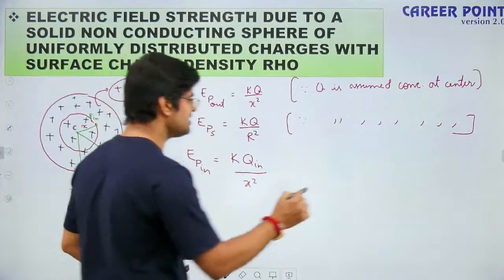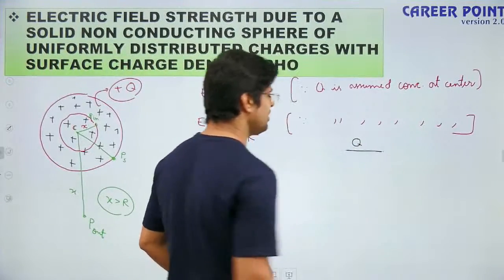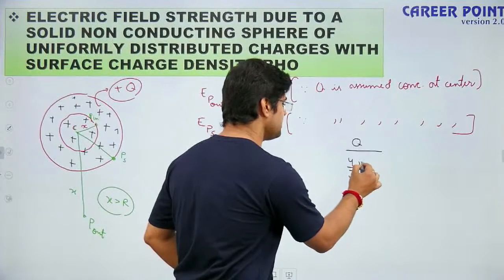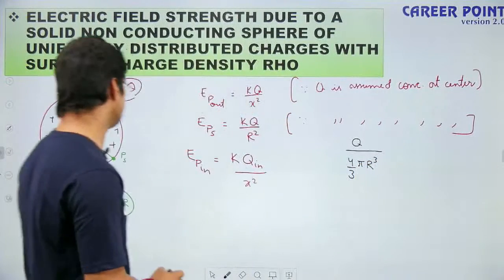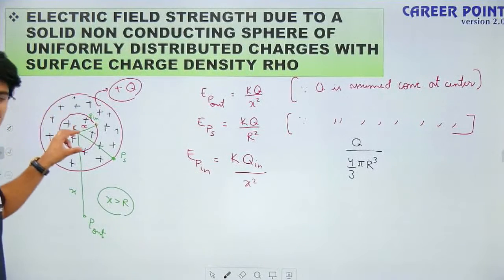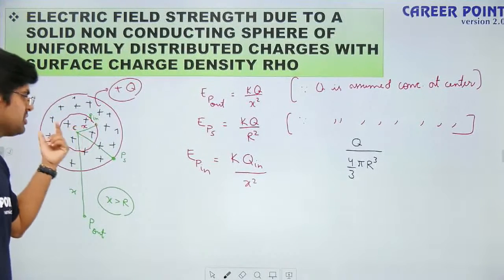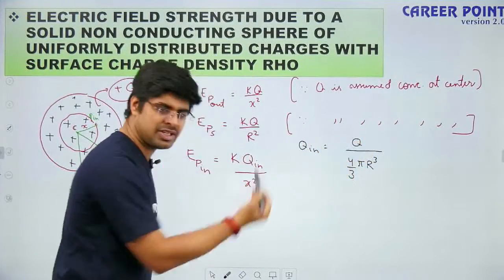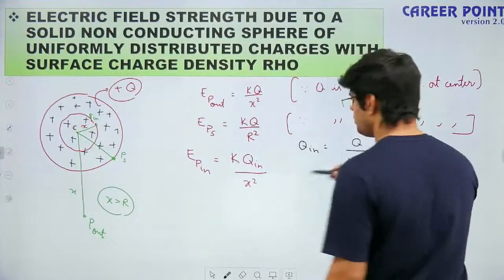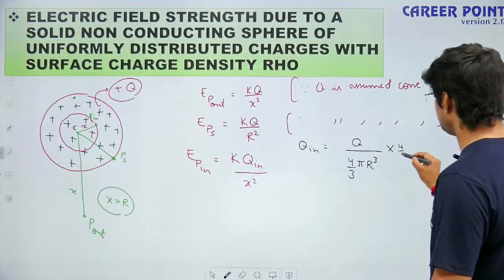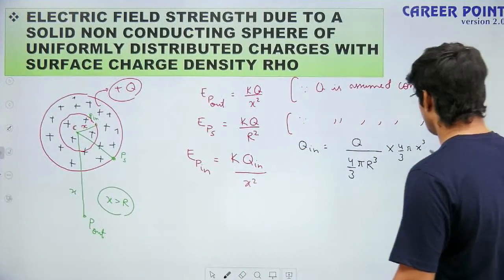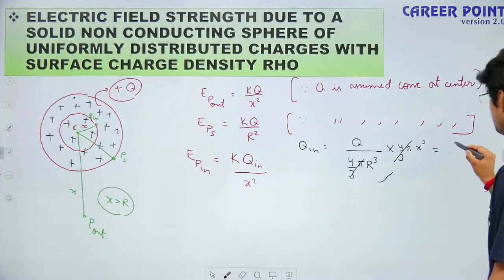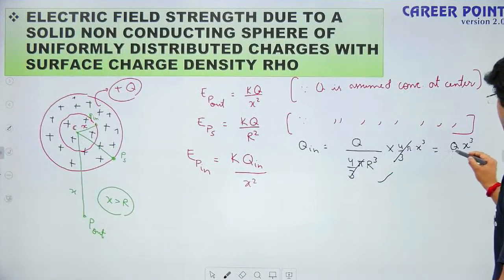Yes, it is capital Q divided by the total volume of the sphere, that is Q upon 4 by 3 pi R cube, into the volume of this small sphere we are considering. So Q inside is total charge divided by total volume into the volume of what we are considering, 4 by 3 pi x cube. The 4 by 3 pi cancels, and this gives us capital Q x cube divided by R cube.